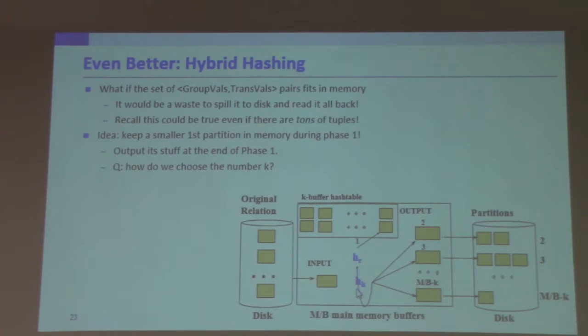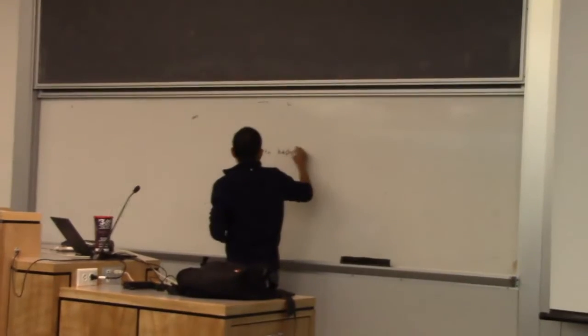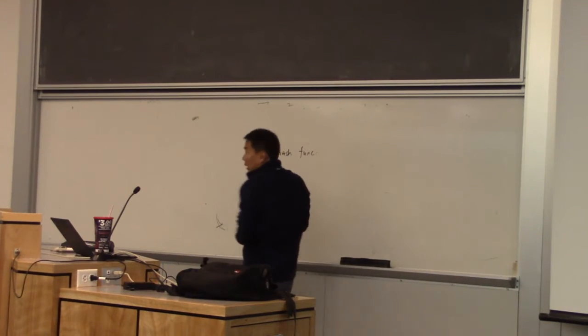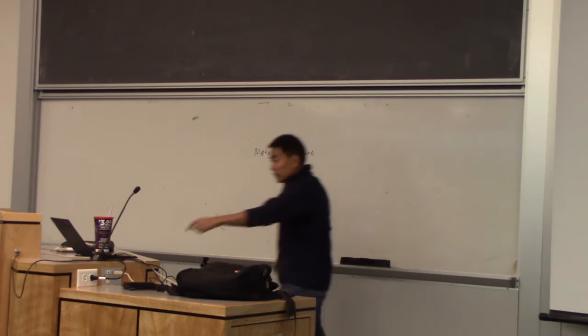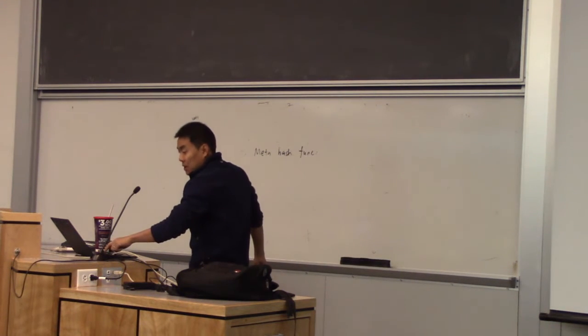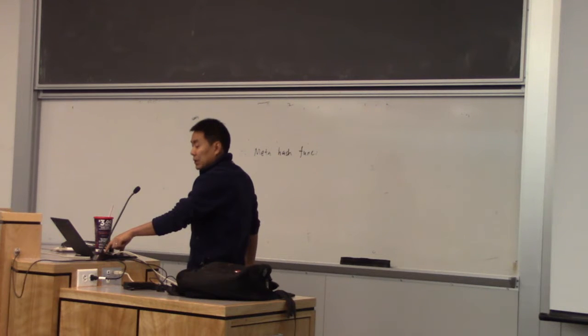You run the partition hash function. Now this partition hash function is defined as follows. I will write it out. So you define a meta hash function. Remember the partition hash function is HP and the rehash function is HR.